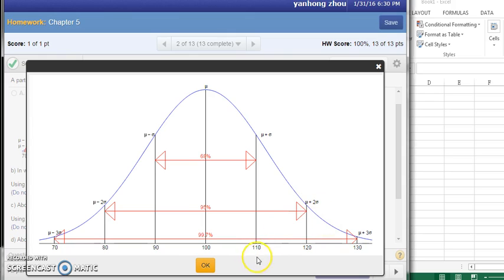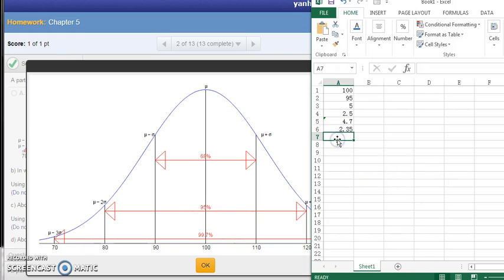You know that 110 is 1 standard deviation above the mean. So let's find the 1 standard deviation below the mean. So we know this area within 1 standard deviation is 68%. And the total area, as I told you, is 100%. If you subtract the 68% in the middle, you should have 32% left.